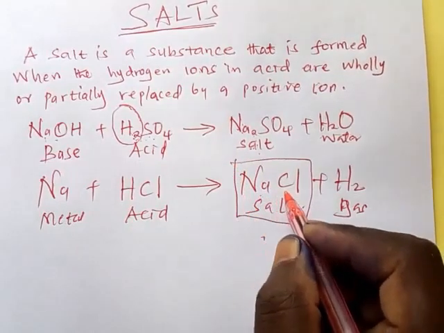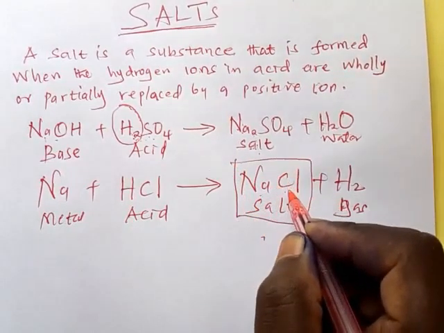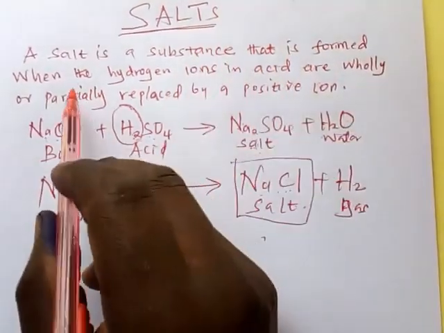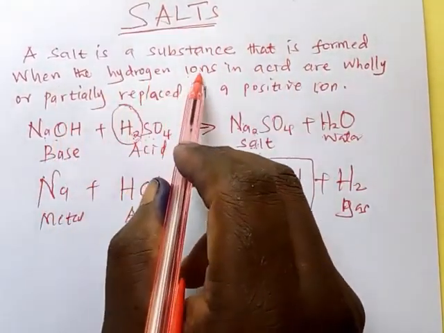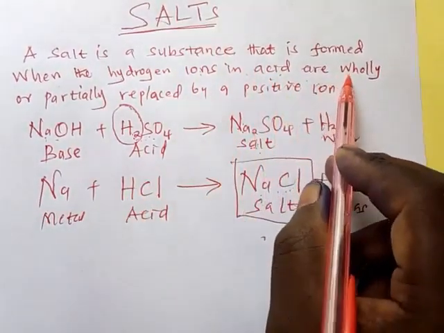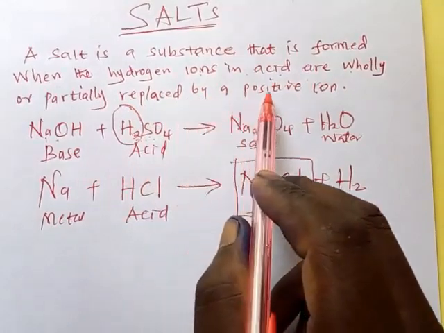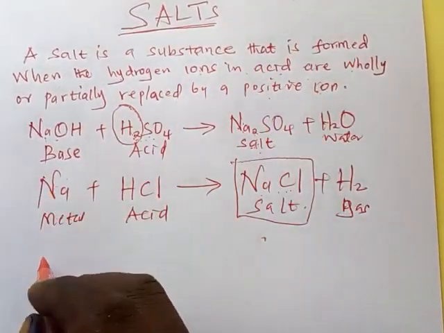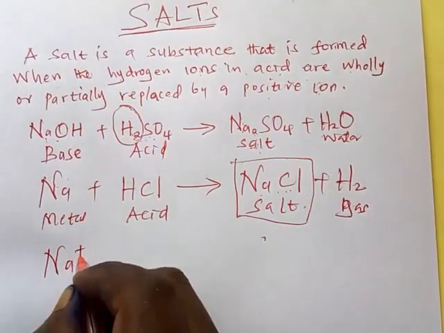The salt sodium chloride, how was it formed? What is a salt? It's a substance that is formed when the hydrogen ions in the acid are wholly or partially replaced by a positive ion. So here the positive ion is, remember, sodium. Sodium is positively charged.